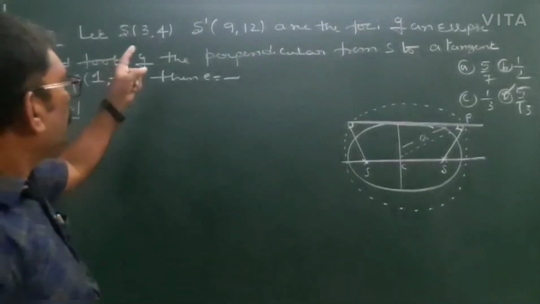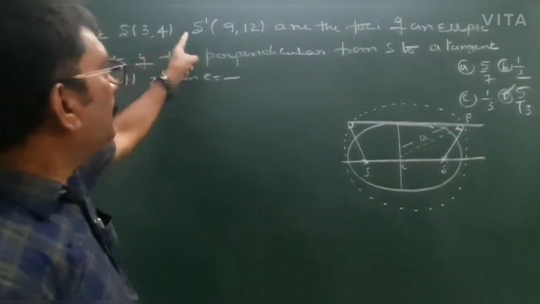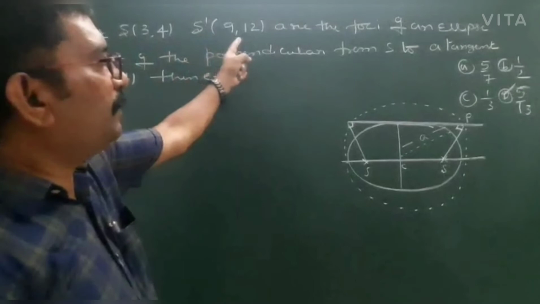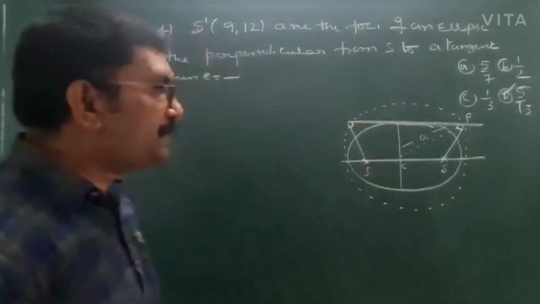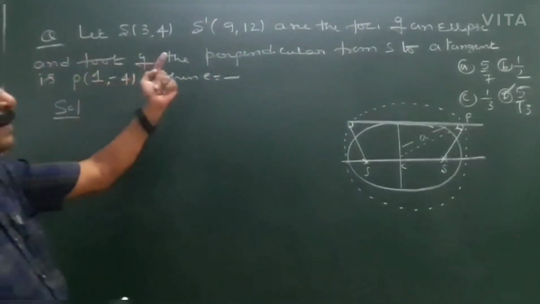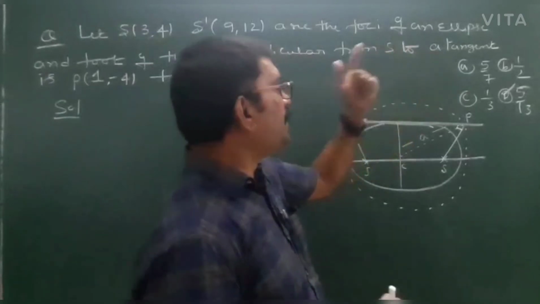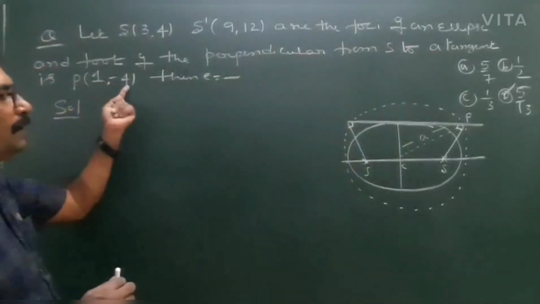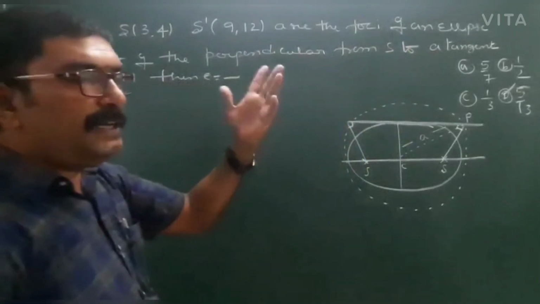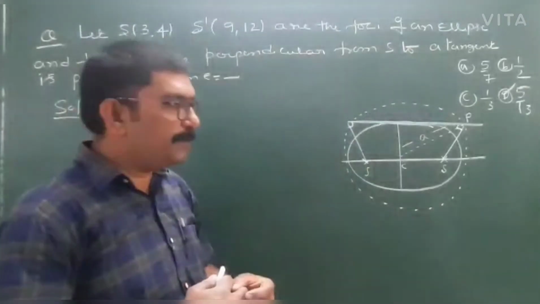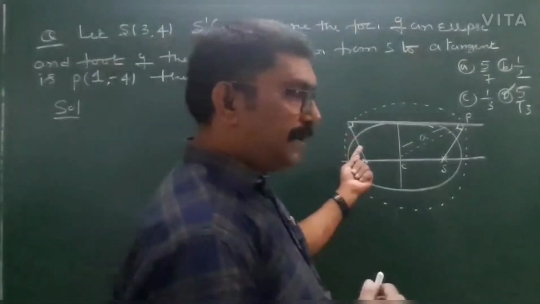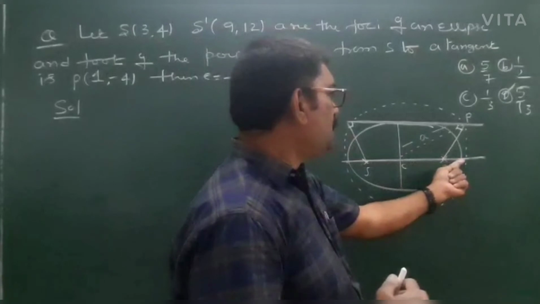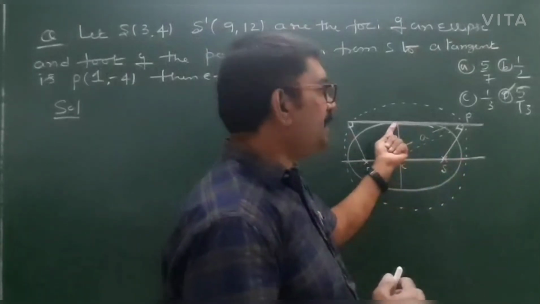In this question, let S of 3 comma 4 and S dash of 9 comma 12 be the foci of an ellipse, and the foot of the perpendicular from S to a tangent is P of 1 comma minus 4. Then E is the eccentricity of the ellipse. According to this, for this ellipse I have drawn a tangent.